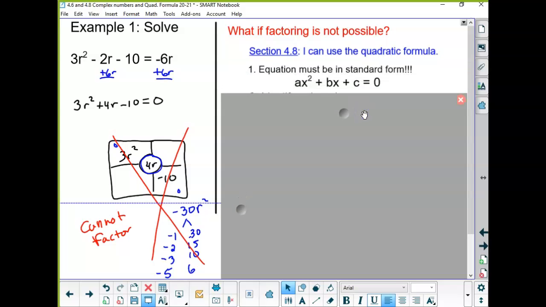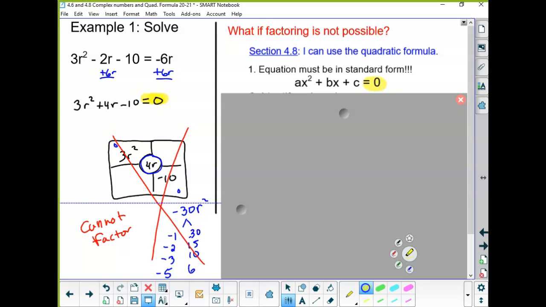There are a couple of steps that have to be true for us to use the quadratic formula. And it's kind of been true when we did factoring too. So the first step should be something we're really comfortable with, is the equation must be in standard form. And all that means is you have to set it equal to 0, just like Ham suggested in our first step.